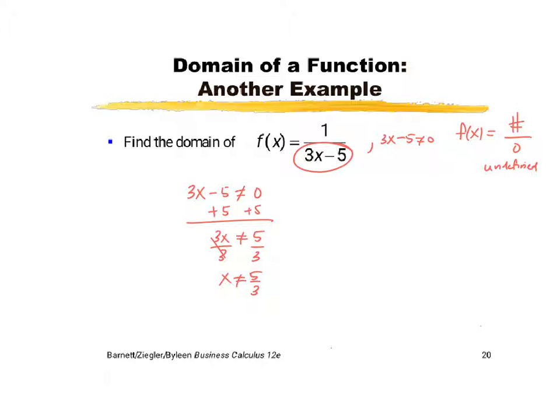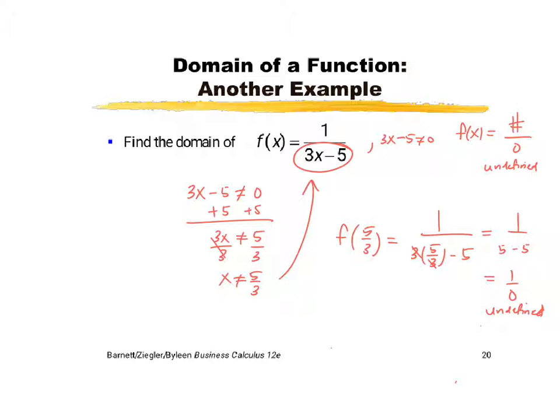Because in this case here, if I were to plug in 5/3 into this equation, so here I say I have f of 5/3 is equal to 1 over 3 times 5/3 minus 5. 5/3 times 3, the 3's cancel, and I end up with 1 over 5 minus 5, which is 1 over 0. And the function is not defined for that. So for 5/3, I get 1 over 0, which is undefined.